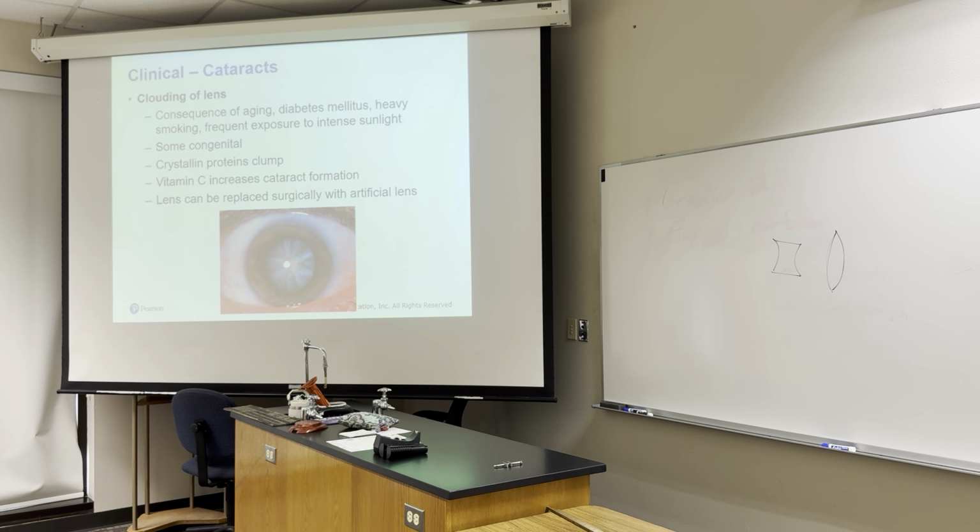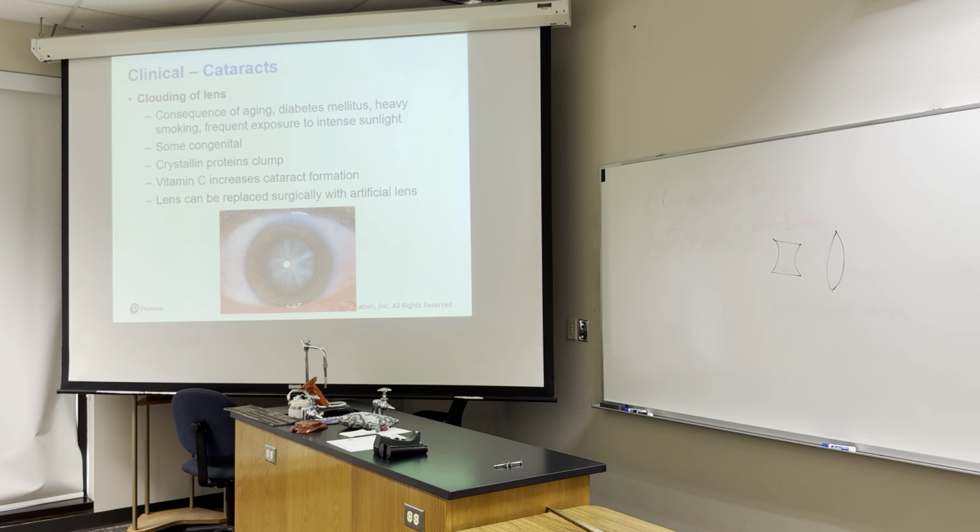Okay. And everyone is kind of familiar with this term cataract. When we say cataract, what do we mean by that? It's like another layer in front of your eyes, right? The clouding of the lens, a consequence of aging, diabetes mellitus, heavy smoking, frequent exposure to intense sunlight. Some are congenital, and also what happens?